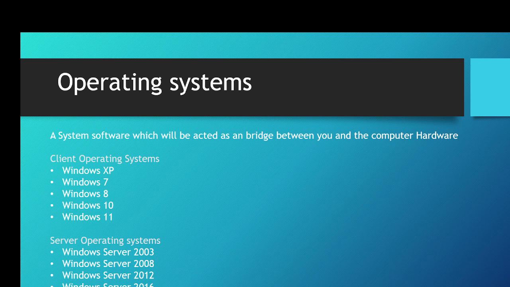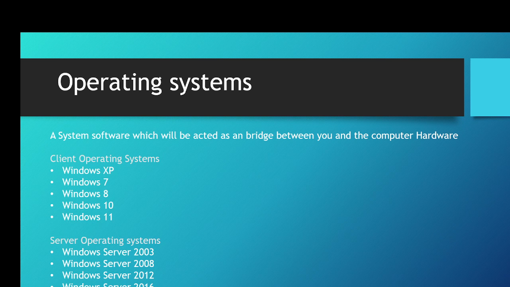Do you agree? If there is no operating system in your laptop, is the computer useful? No, sir. If there is no operating system, your computer is like lifeless. If you power on the computer, it will tell you no operating system found, and it will just give you a dark screen.